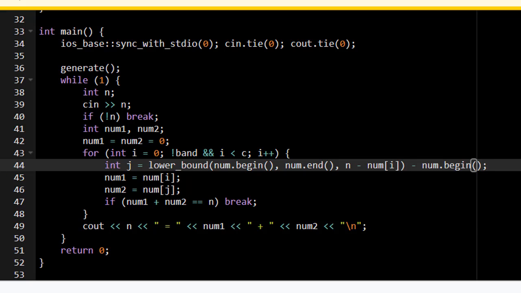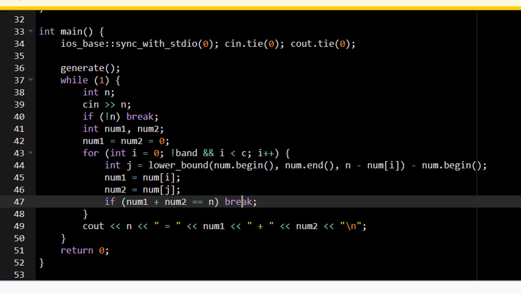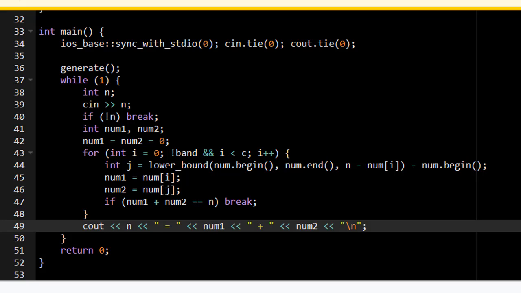If I don't do it, I'm gonna get a pointer, a hexadecimal address, and I don't need that. I need an integer. So we do binary search to find the partner, and then we ask, do these two numbers add up to n? If that's true, we're gonna finish that cycle.